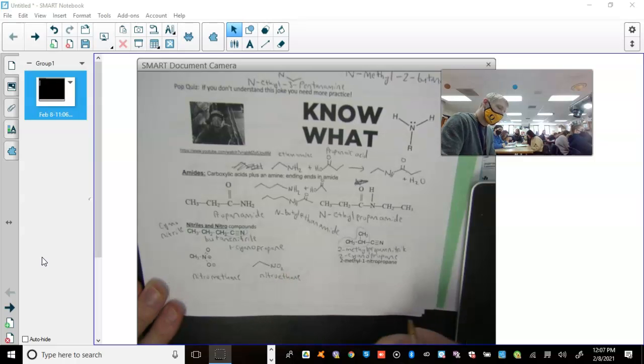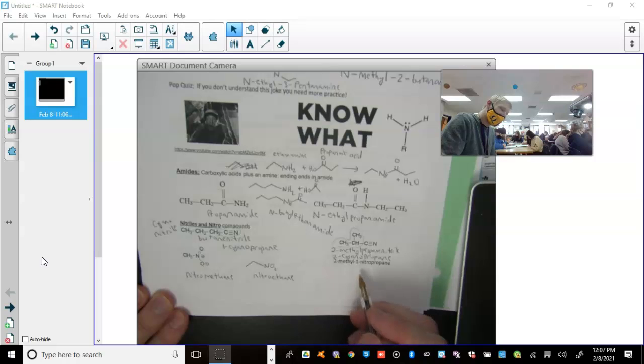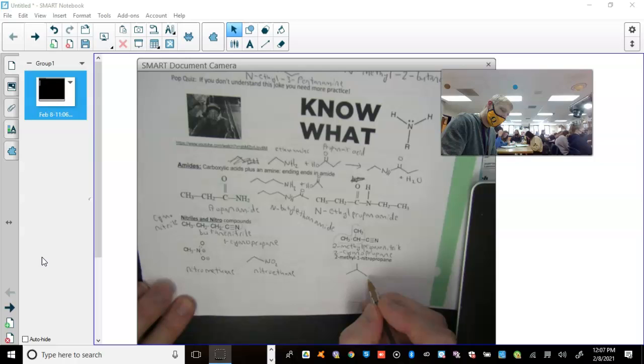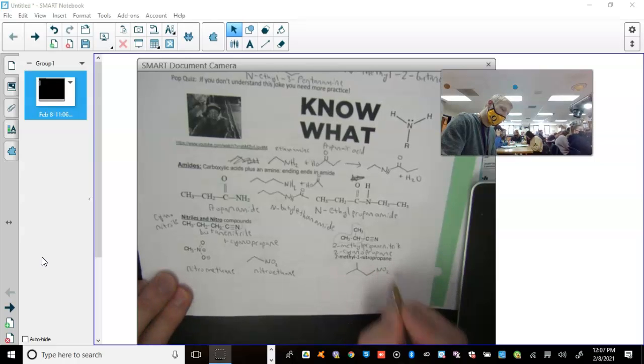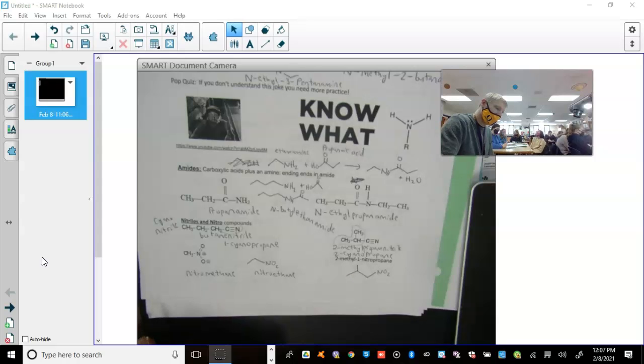This is like what makes cars go fast. 2-methyl-1-nitropropane. I'm going to do the longest chain, that's 1, 2, 3. We've got a nitro on the first carbon and a methyl on the second. Basically, if you see nitro, it's NO2 hanging off, like hydroxyl is OH hanging off.